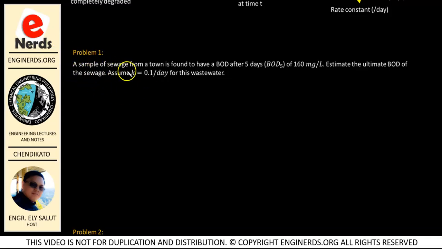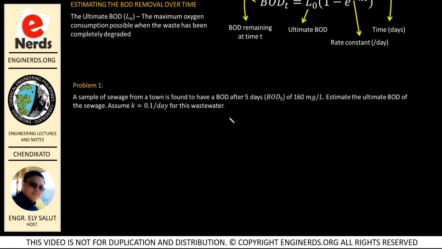A sample of sewage from a town is found to have a BOD after 5 days or BOD5 of 160 milligrams per liter. Estimate the ultimate BOD of the sewage, assuming K is equal to 0.1 per day for this wastewater, no? So, given sa atin dito yung BOD after 5 days and that is the BOD5.